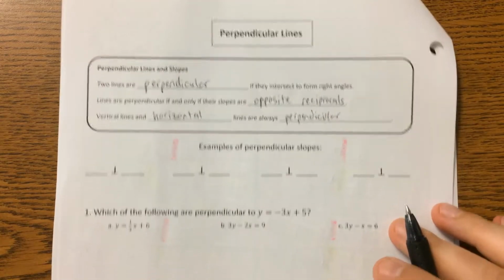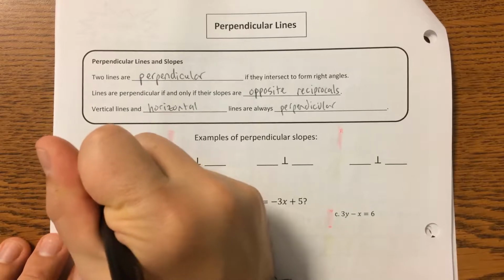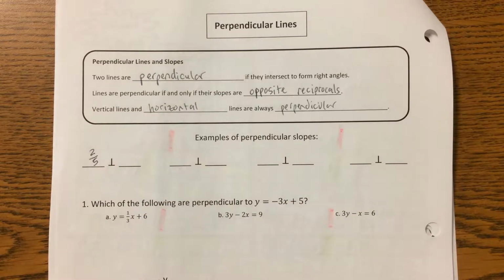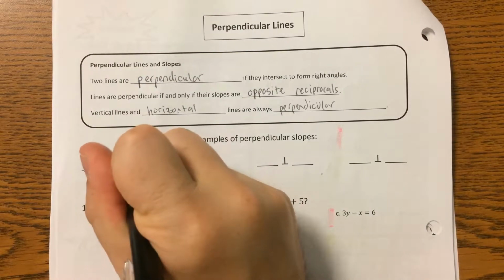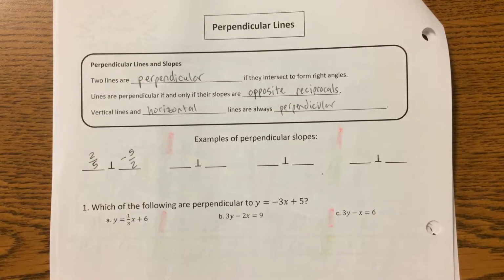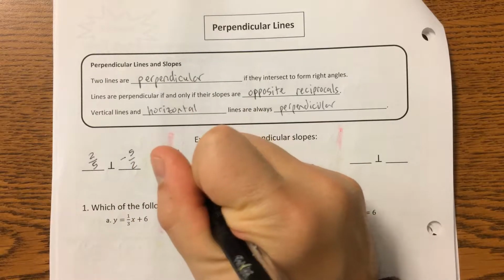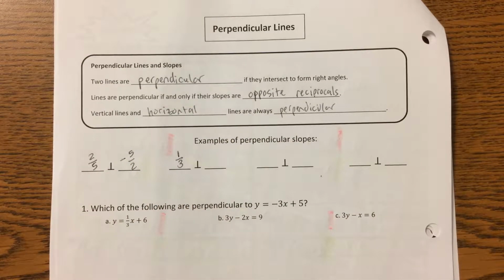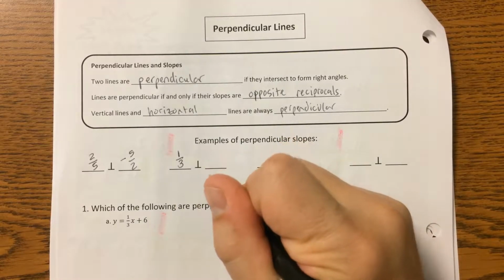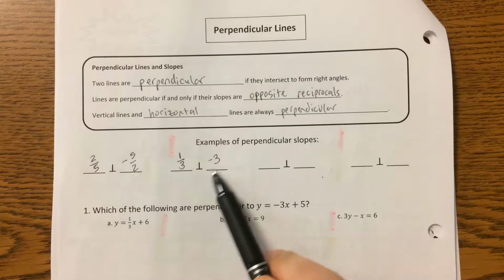So here are some examples of perpendicular slopes. Let's say you had a slope of 2/5. The slope of a perpendicular line would be -5/2. Notice the fraction flipped, and one's positive, one's negative. If I have a slope like 1/3, then the perpendicular slope would be -3/1, which is just -3.